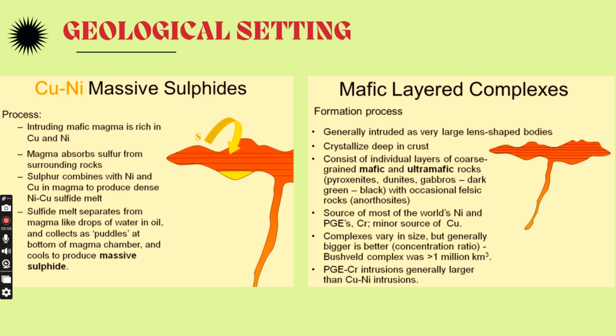association with mafic, ultramafic, gabbro, this plutonic complex, dunite, pyroxenite, etc. Pyrrhotite. So the source of most of the world's nickel is PGE, with chromium a minor source. Copper is very little, because copper, lead, zinc have different types of deposits.